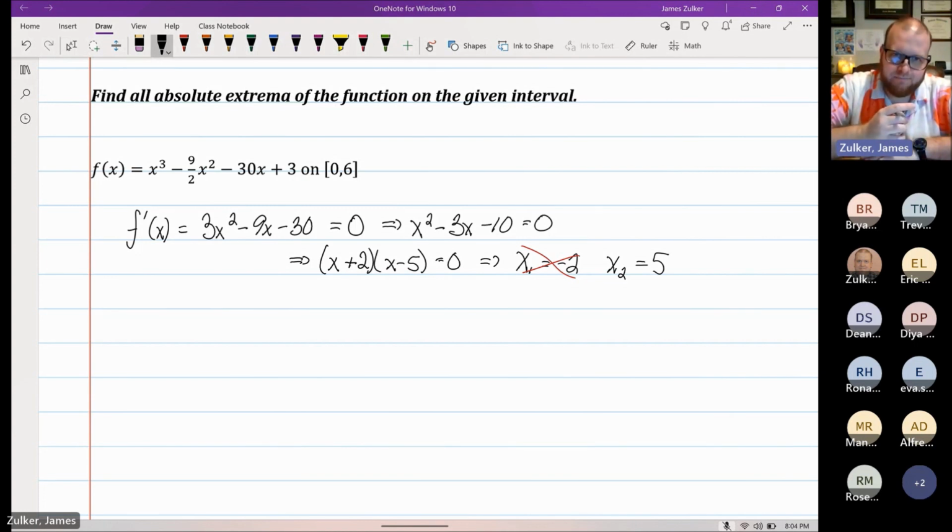Now we test all of the critical points and the 2 endpoints.